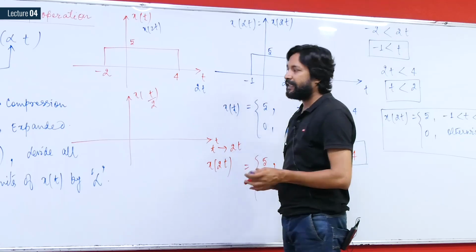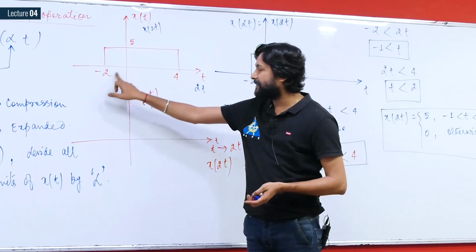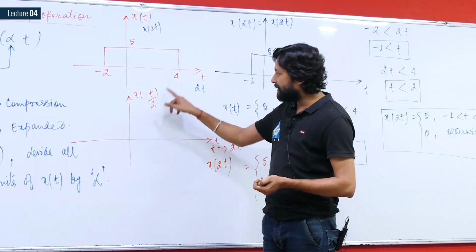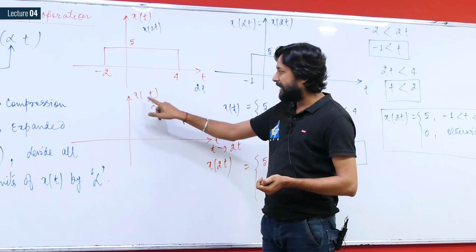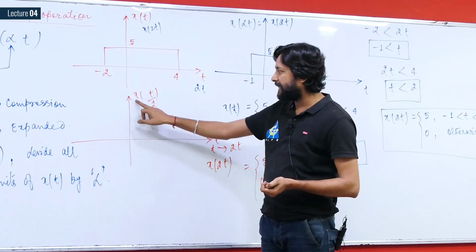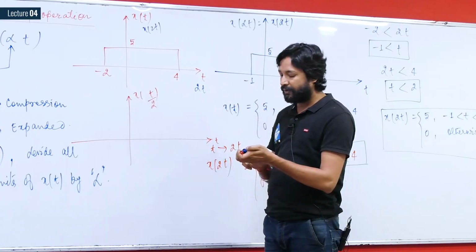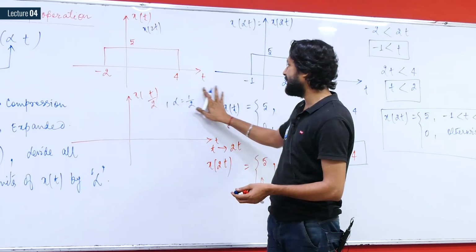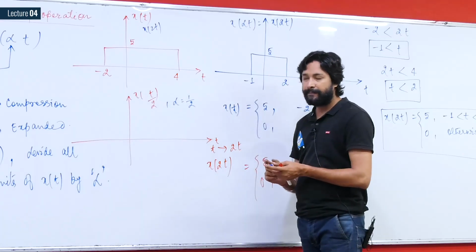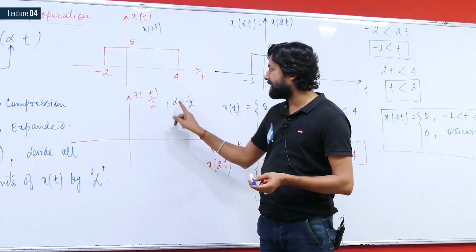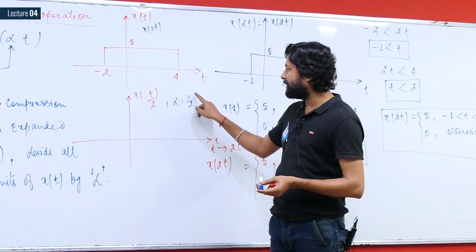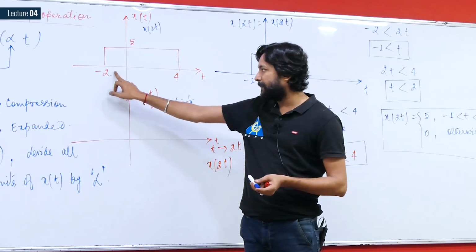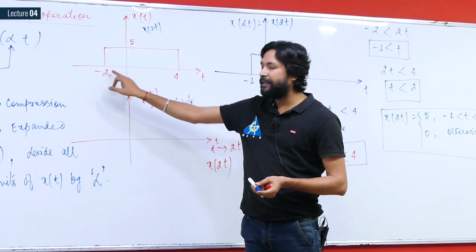So what you have to do is divide these existing limits by the scaling factor alpha. What is the value of alpha here? You compare with x of alpha t, and you come to know that the value of alpha is going to be 1 by 2 in this case. If you divide the existing limits by this scaling factor alpha, then 4 upon 1 by 2 gets changed to 8, and 2 upon 1 by 2 becomes minus 4.